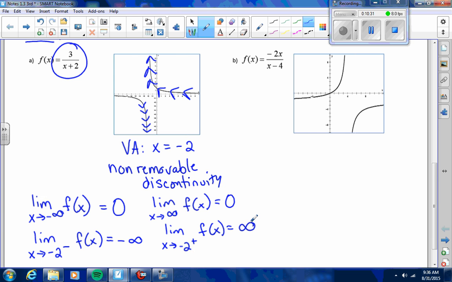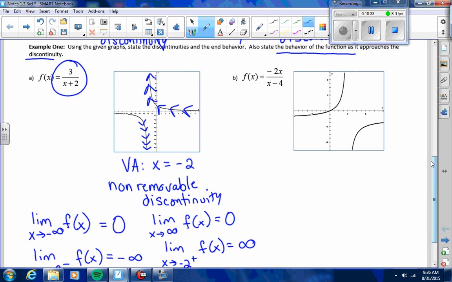Let's try another one. On part B, the function is f of x equals -2x divided by x minus 4. And here's the graph. Based on the graph, do we have any discontinuities? Yes. What do we have? Non-removable where?